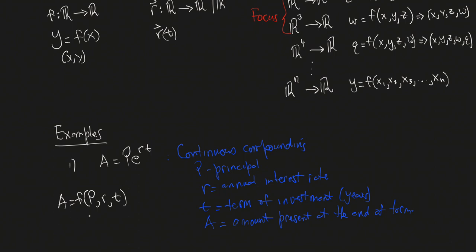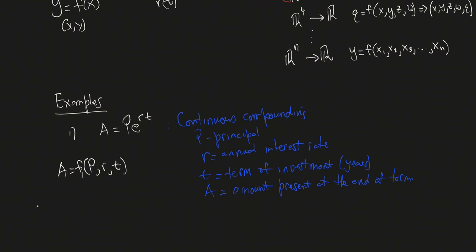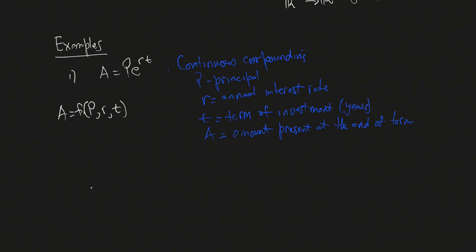Right away, in such a simple model, if you let these things play a realistic role, then P, R, and T could change independent of each other. That's why they're called independent variables. But regardless of how much or how little they change, they do affect the amount. So that's kind of a financial one.